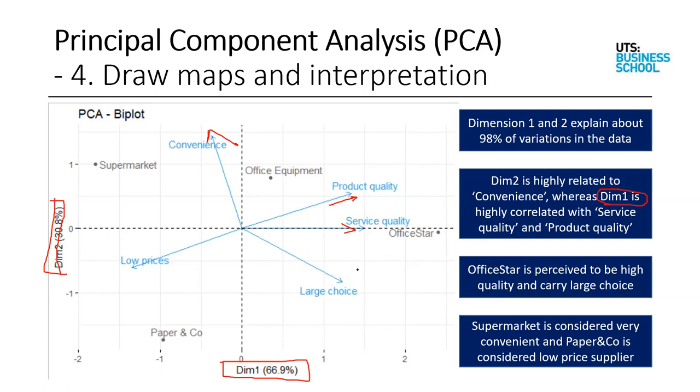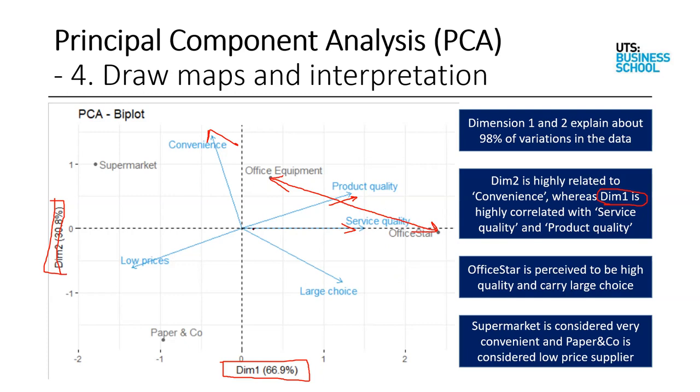So there are two things to note here. One is that you can look at the distance between the two brands. For example, Office Equipment and Office Star. The distance between the two brands, if it is large, indicates substantial differentiation between the two brands, right?